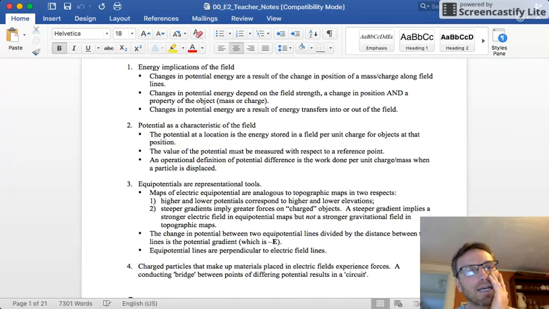I'm currently on potential, just finishing it up, and we did some of the electric field mapping where we used the conductive paper, entered points into the electric field mapping template, and then came up with a three-dimensional graph. That was honestly a bit tedious for my students.